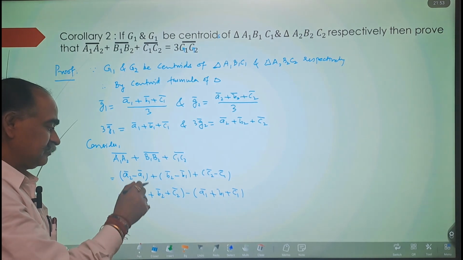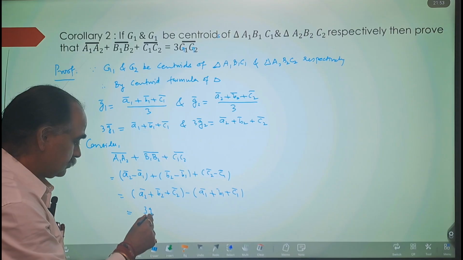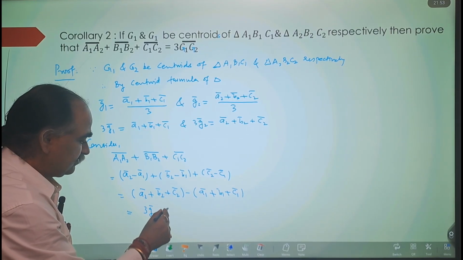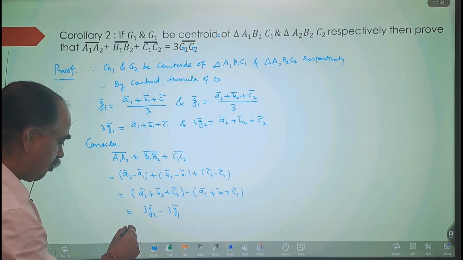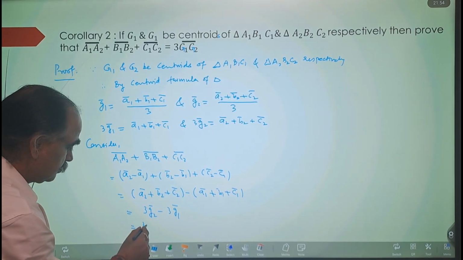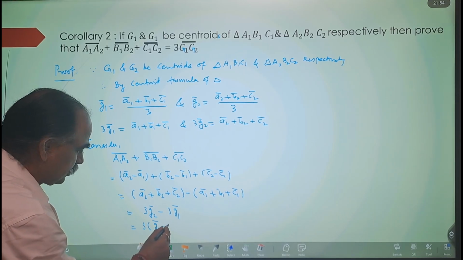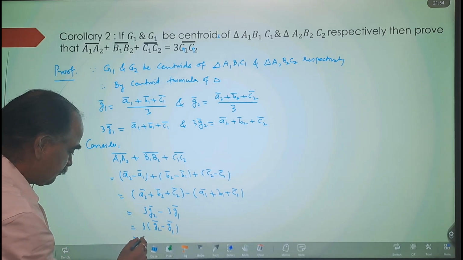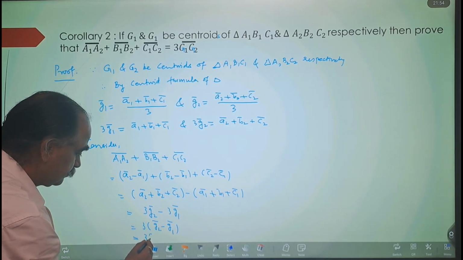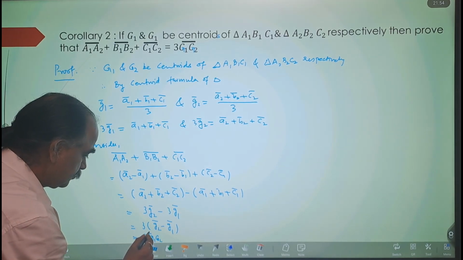Now A2 bar plus B2 bar plus C2 bar is what? 3G2 bar minus 3G1 bar. 3 common, G2 bar minus G1 bar, which is same as 3 times G1G2 bar.